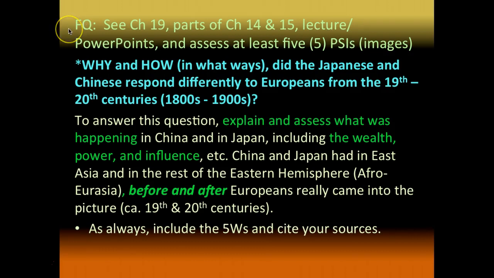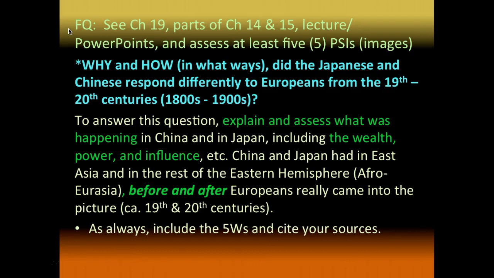So here's our focus question. Why and how, or in what ways, did the Japanese and Chinese respond differently to Europeans from the 19th through the 20th centuries? So the 19th century is the 1800s, the 20th century is the 1900s.